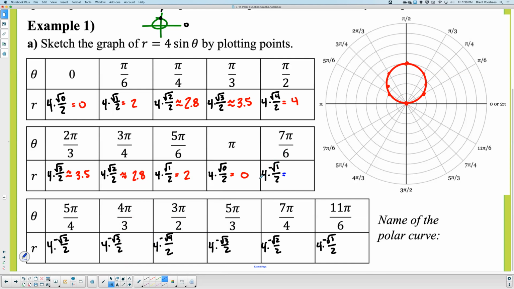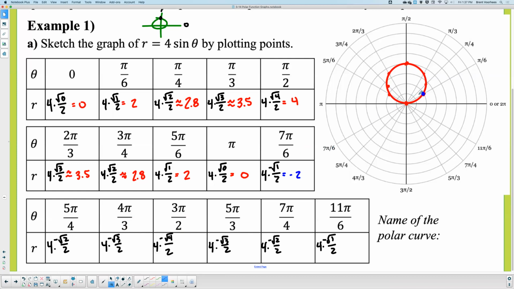If I started reducing, these values are exactly the same, except they're now negatives. So I now have a -2. So let me remind you, if we're looking at the angle 7 pi over 6, and you have a negative radius, what do you do with a negative radius when you're looking at the value 7 pi over 6? You would go back the opposite way.